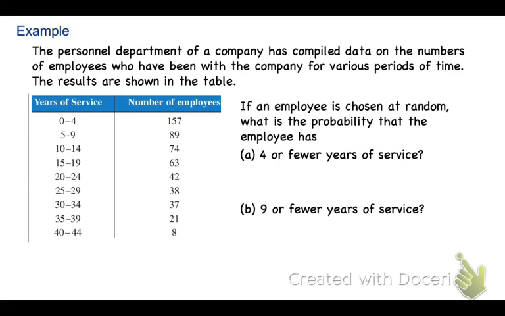You gotta add them all up, don't you? Why do we have to add these all up? Because those are all my employees. That's my denominator, isn't it?